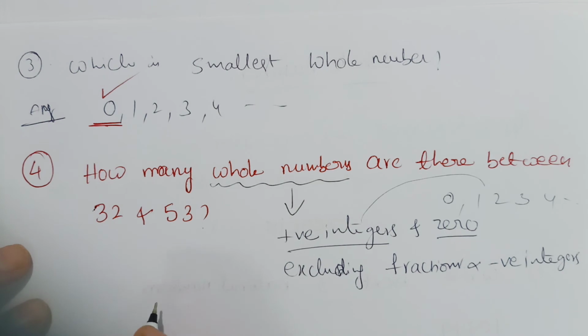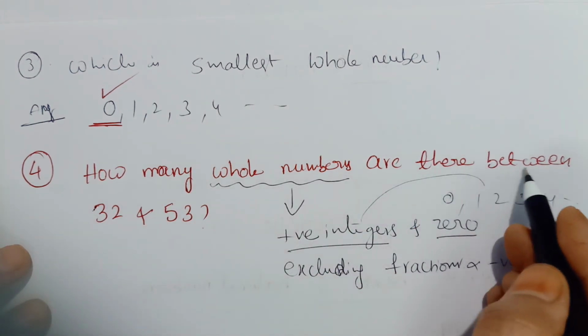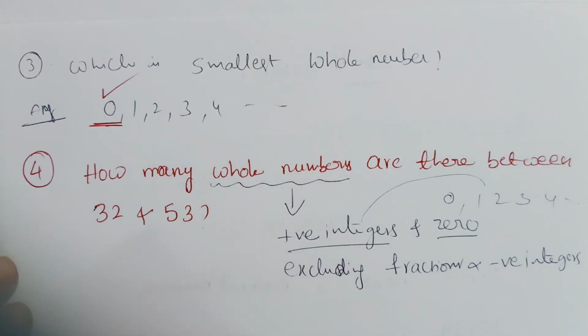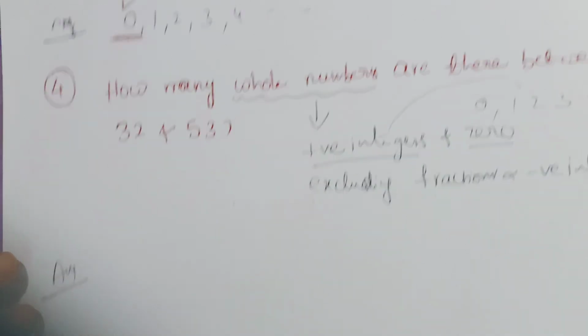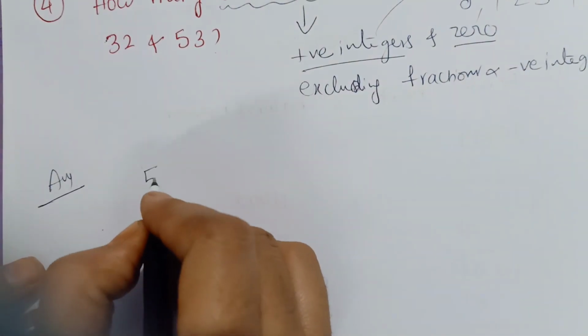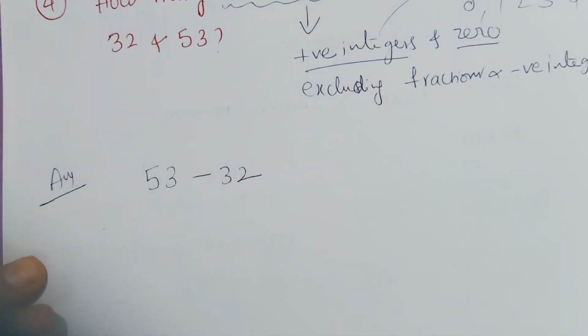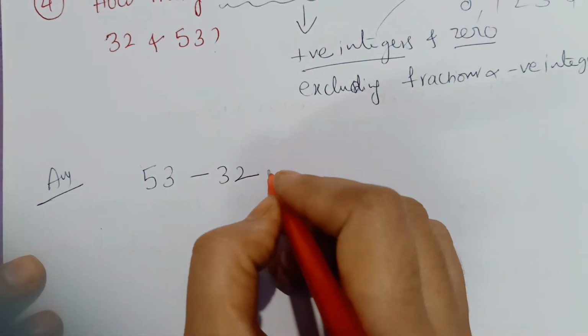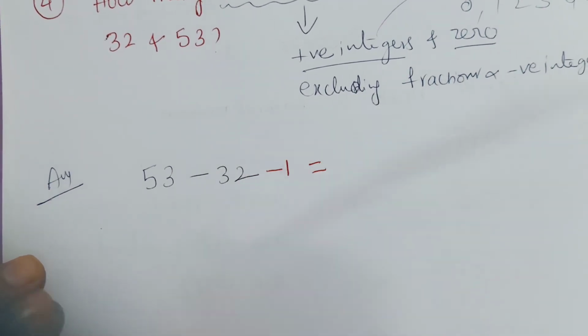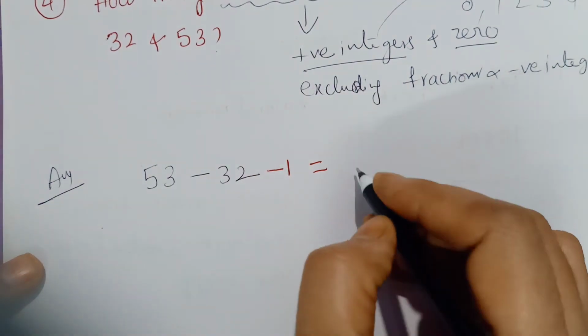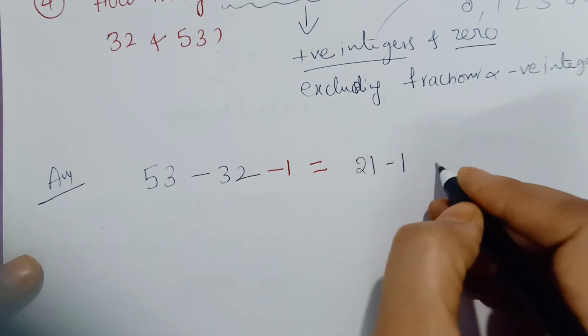So how many whole numbers are there between 32 and 53? How do you do this problem? Just subtract 53 minus 32. One more thing you have to remember here is to subtract 1. You will get the answer: 21 minus 1 is equal to 20.